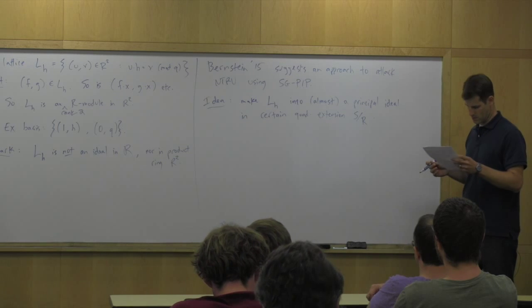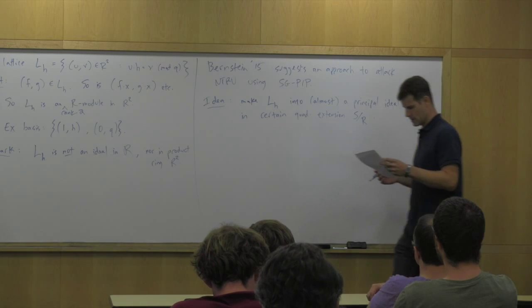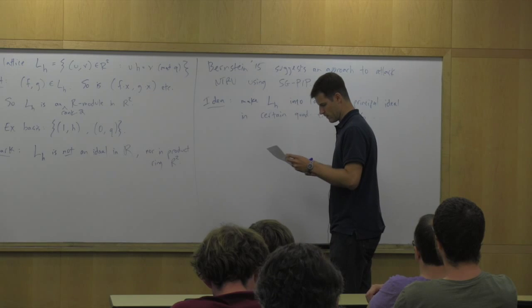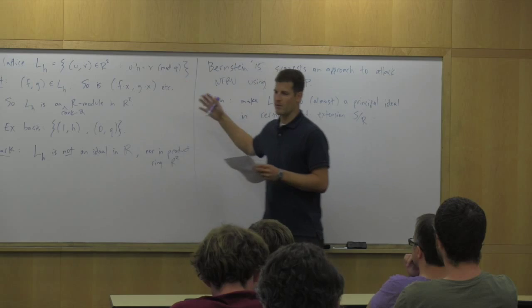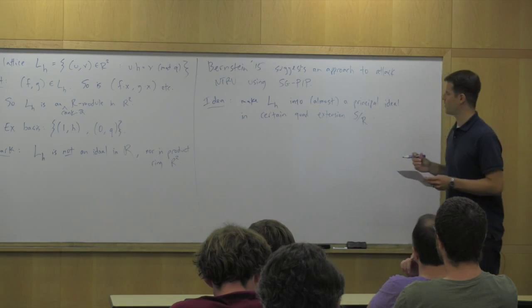All right, so what should we do next? The basic idea is to sort of replace this H in some sense with a variable instead. So introduce a new variable.